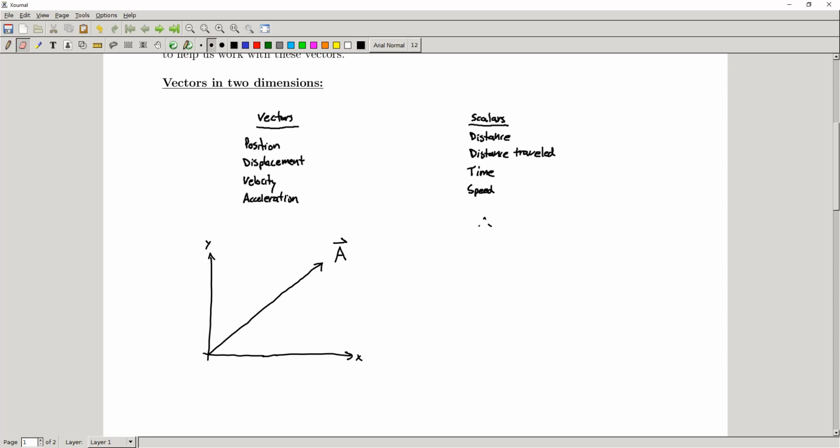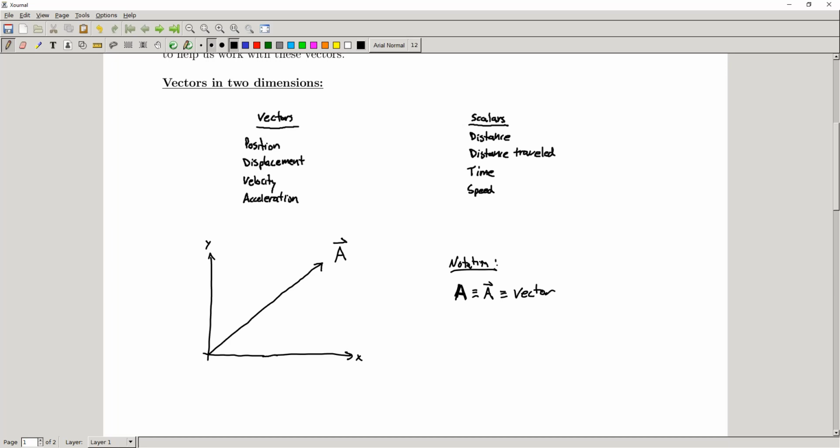Maybe a quick note on notation. Vectors will either be written in your text as a bold letter, or if you write it by hand, or in some text, you'll find vectors written with a little arrow over top. And this just means vector.